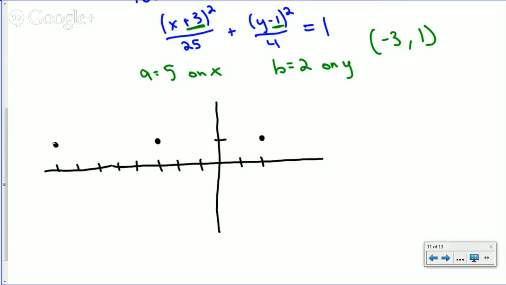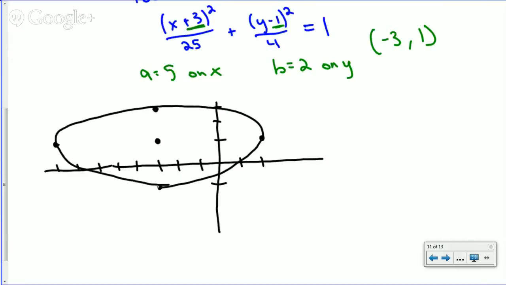And we're going to go up 2. 1, 2. And we're going to go down 2. 1, 2. So here's my bad drawing of my ellipse that was described in that equation.